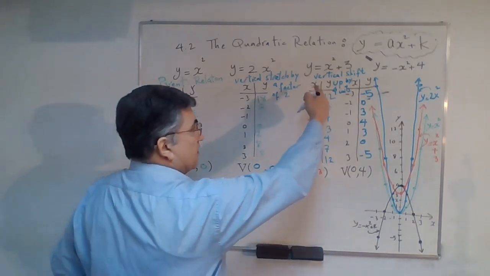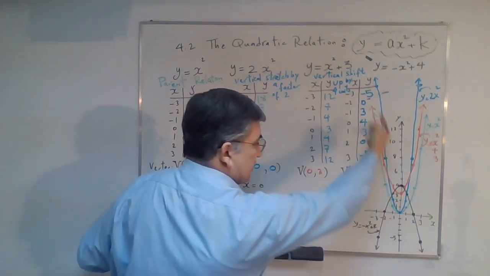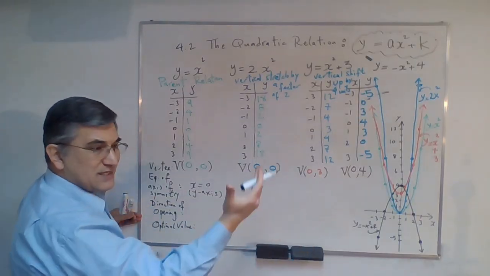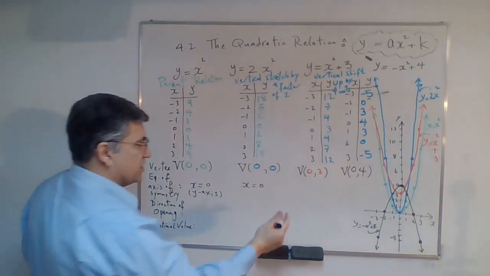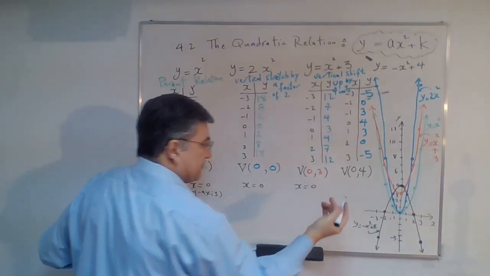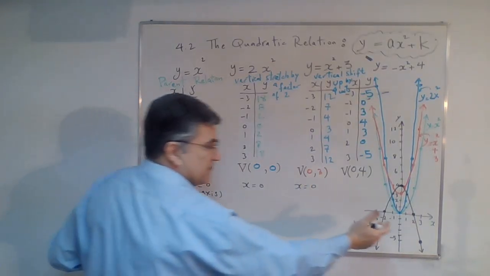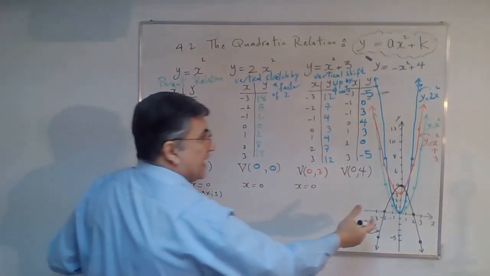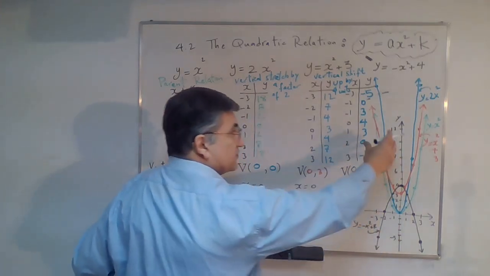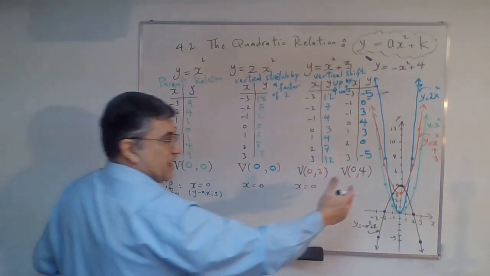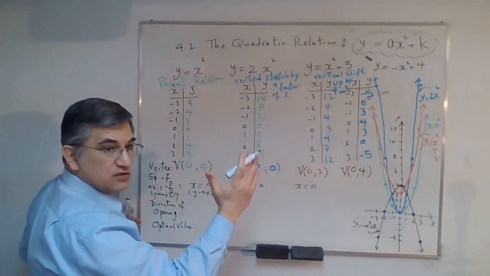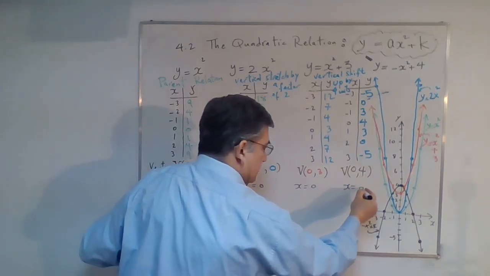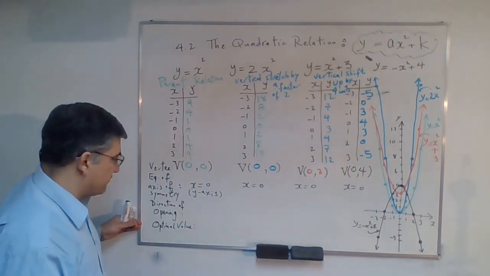But when we shifted it vertically up and we got the red parabola, again, you see that the axis of symmetry didn't change, so still the equation is the same as x equals 0. And even when the parabola was opening downwards and it was vertically shifted up by 4 units, still the axis of symmetry, which is that vertical line cutting the parabola in half, did not change its position. So the equation is the same for all of them.